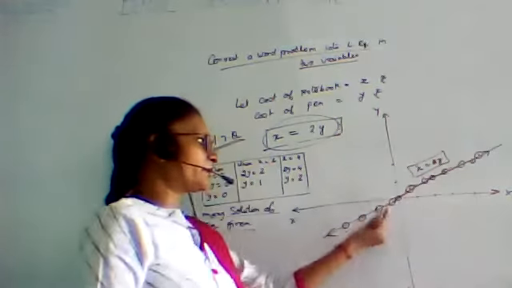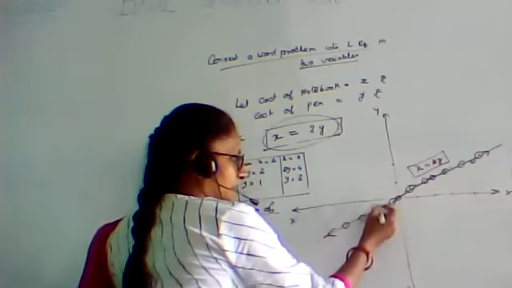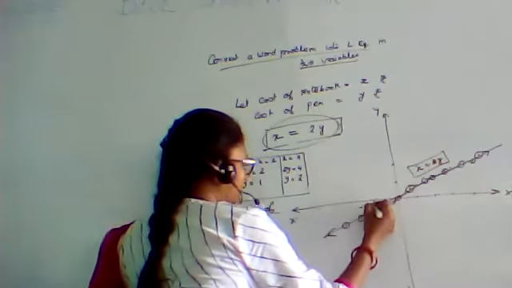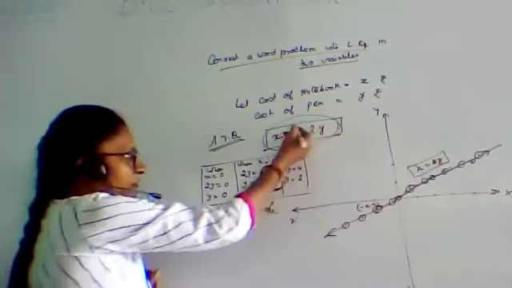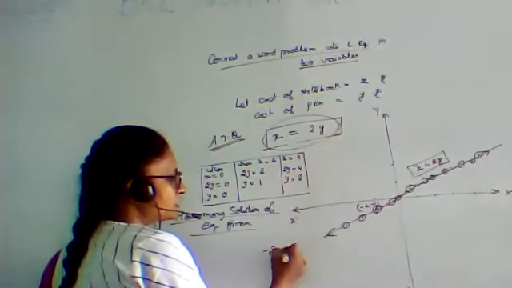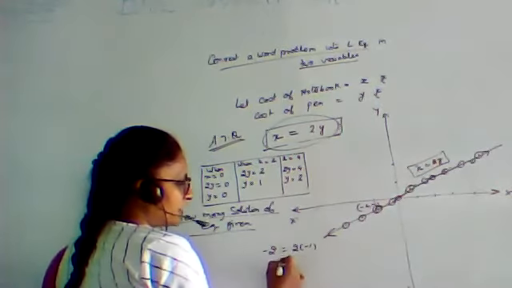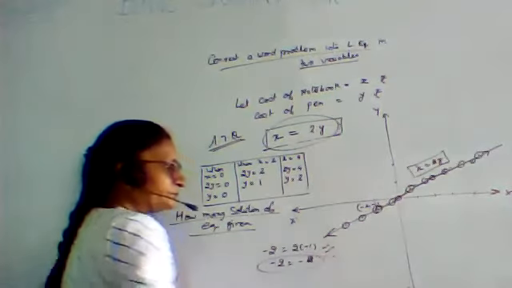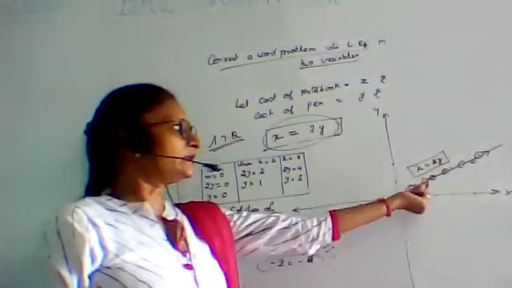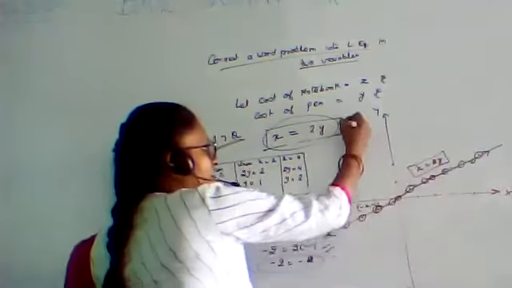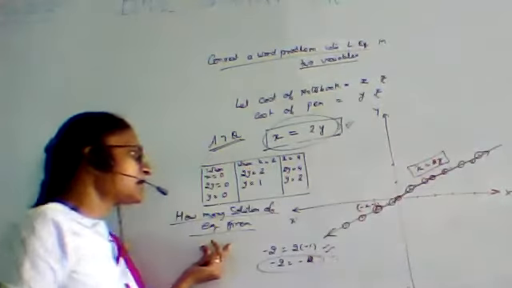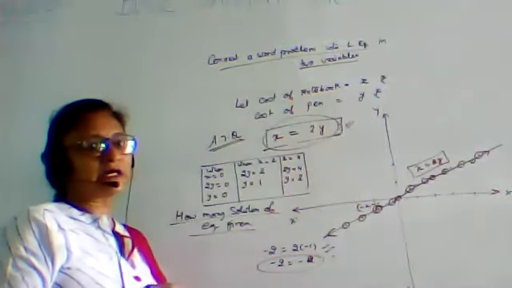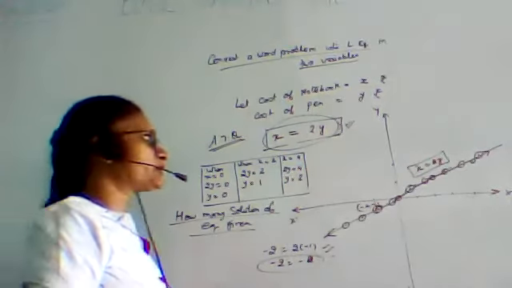Because कोई भी अगर आप point उठा लेते हो, if there is the point -2, -1, then put over here x की वैल्यू अगर -2 है तो 2 into -1 is equal to -2. It means it satisfies the equation. Every point of the line satisfies the given equation. This means the number of solutions of a linear equation in two variables is infinitely many.